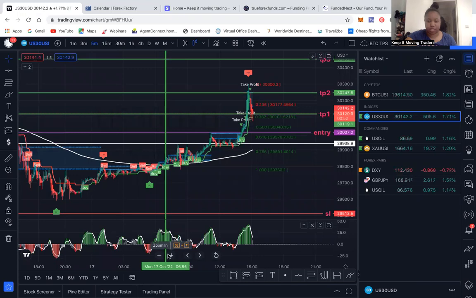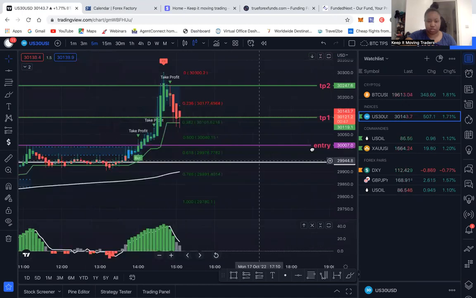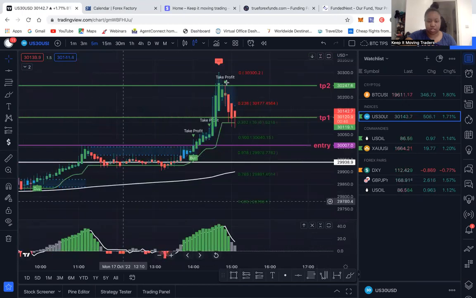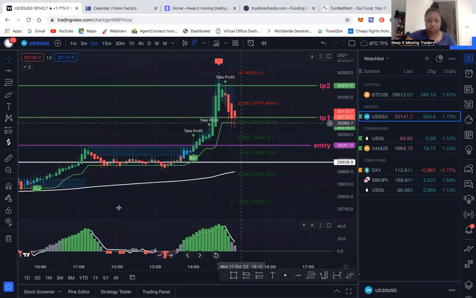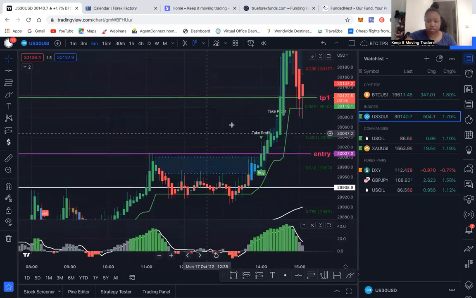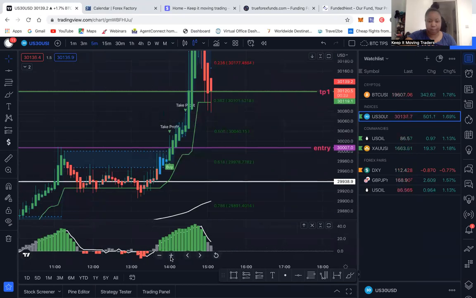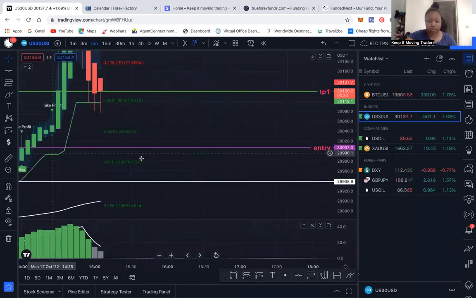Did I say US 30 smashed TP2 already? Look at this, it smashed TP2 and then came back down to TP1. It's going to come down and retest that area. All right, let me use this as an example. So let's say you want to stay in US 30 for the remainder of the day.